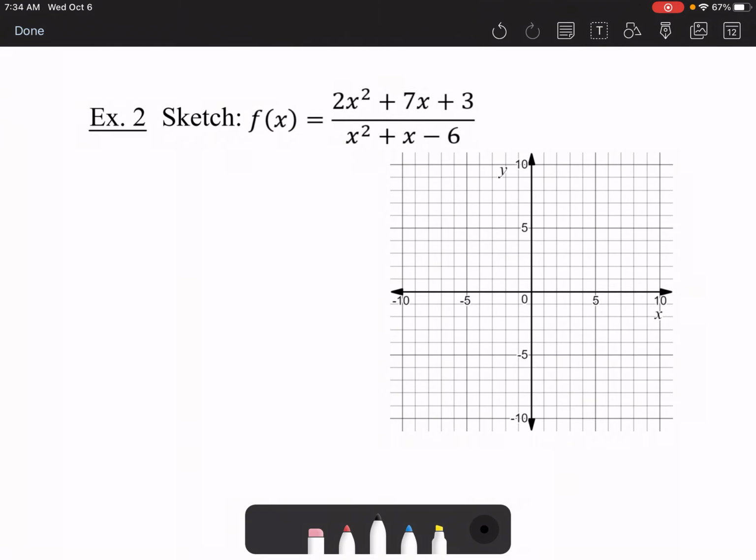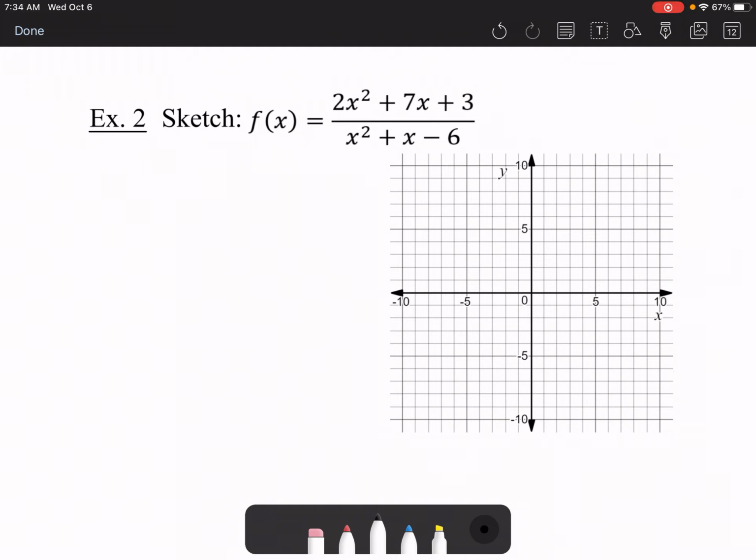Okay, moving right along. Let's take a look at another graph. So this function right here can be described as a quadratic over a quadratic and can be reduced and factored. So our numerator could factor into 2x plus 1 and x plus 3. Our denominator could factor into x plus 3 and x minus 2.